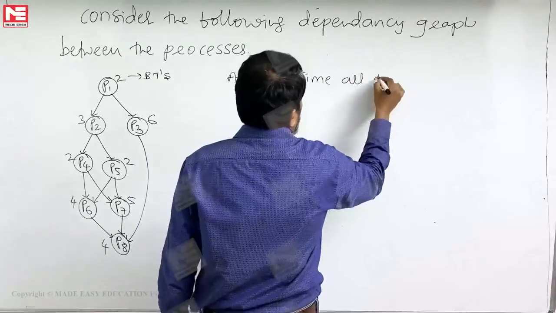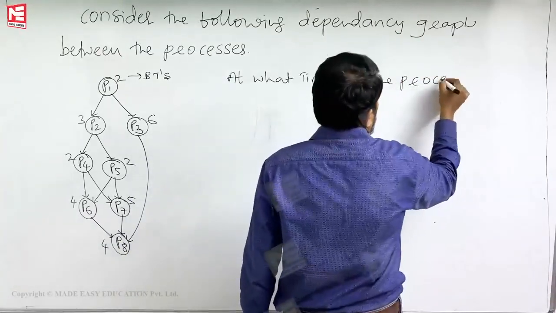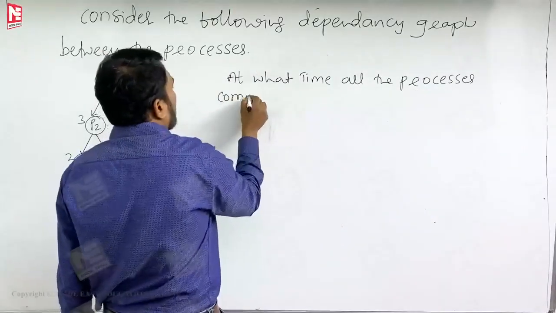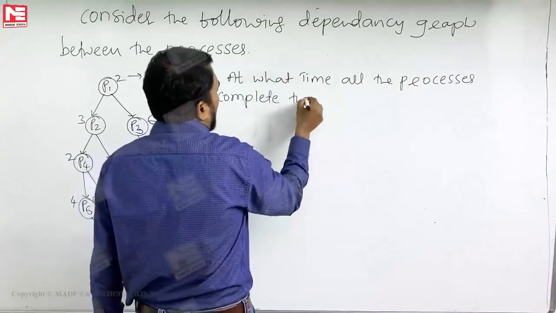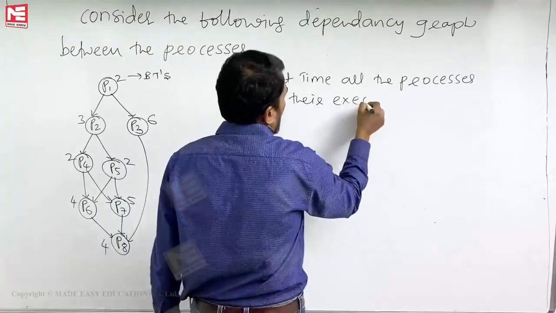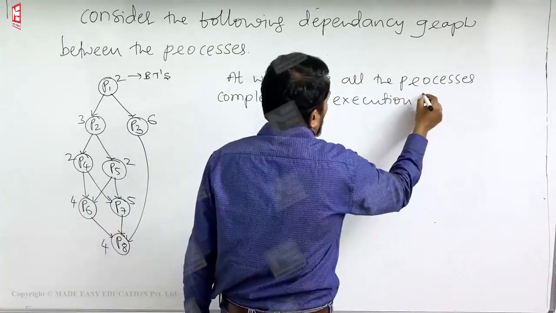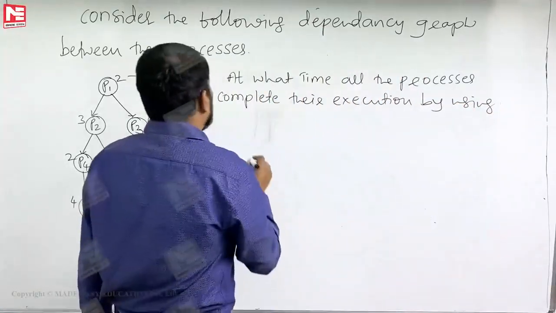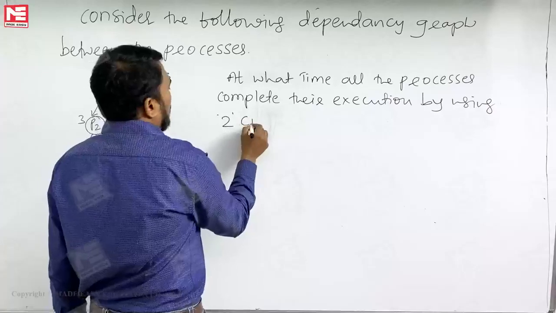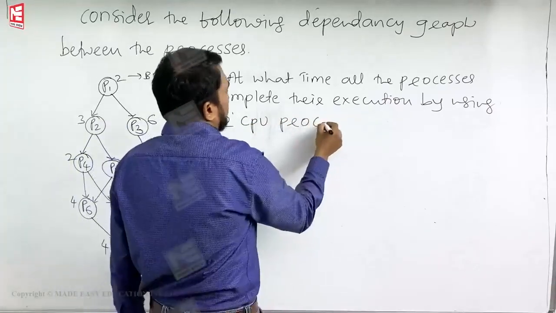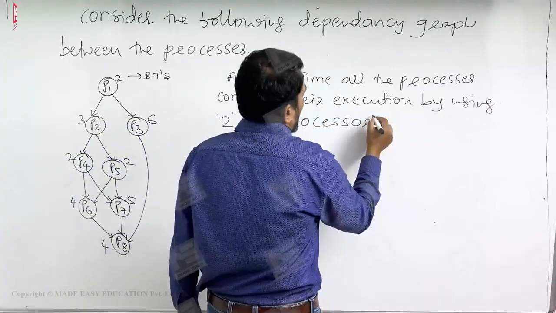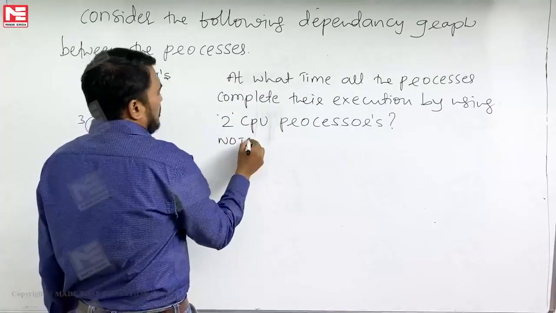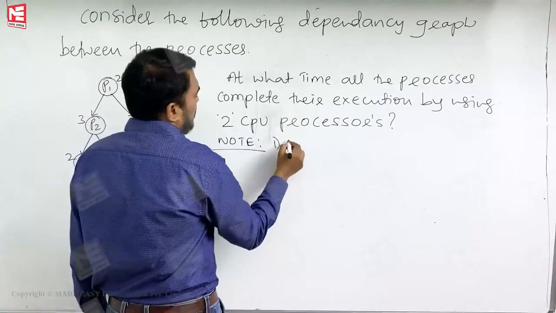At what time do all the processes complete their execution by using two CPU processors. Note, two things are given.